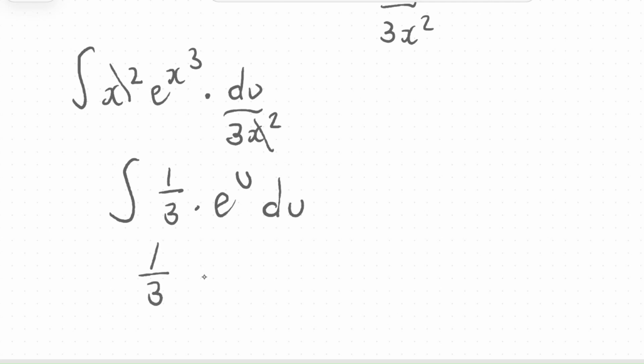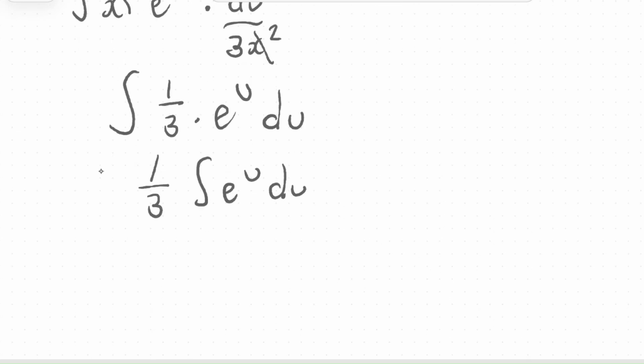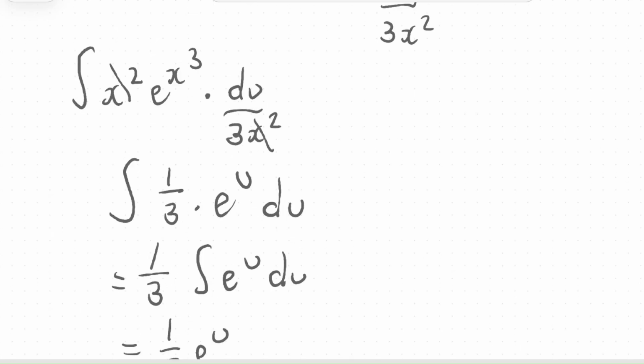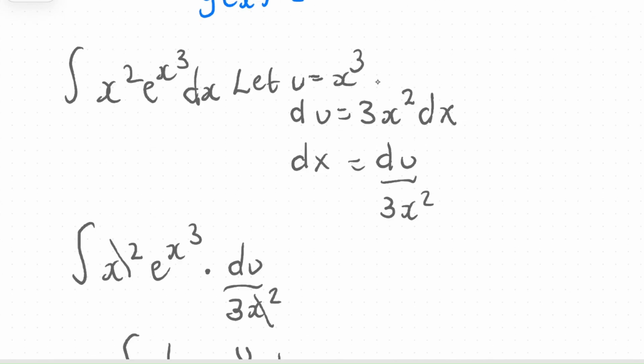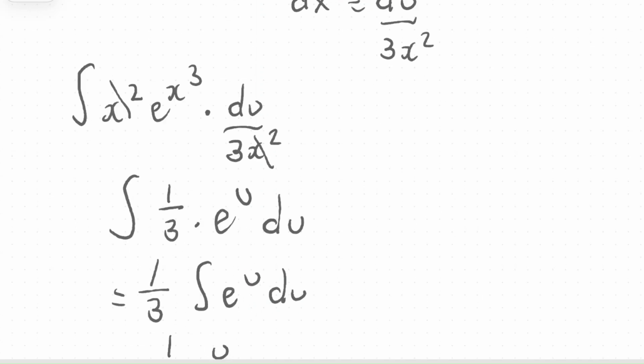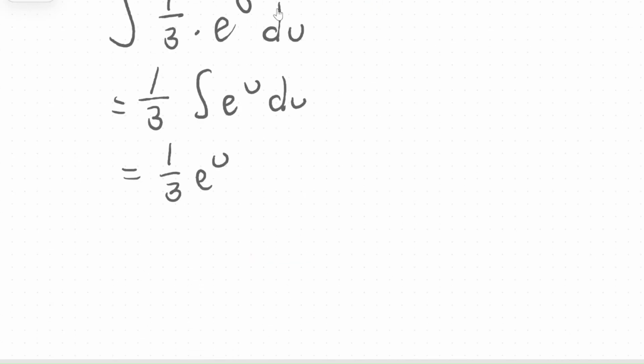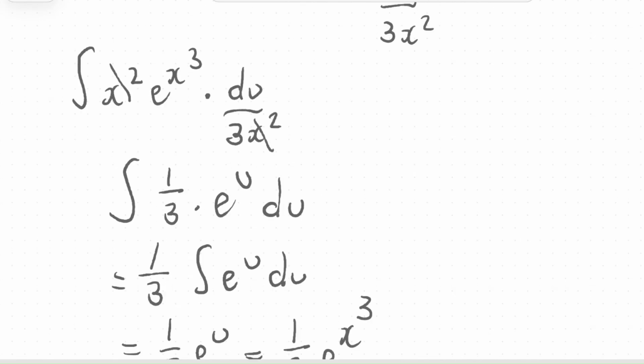This would be 1 over 3 times the integral of e to the u du. And we know that that would always give us 1 over 3 e to the u. But now, since we've chosen our u to be x cubed, let's substitute that back in. So that's going to be equal to 1 over 3 e to the power of x cubed.